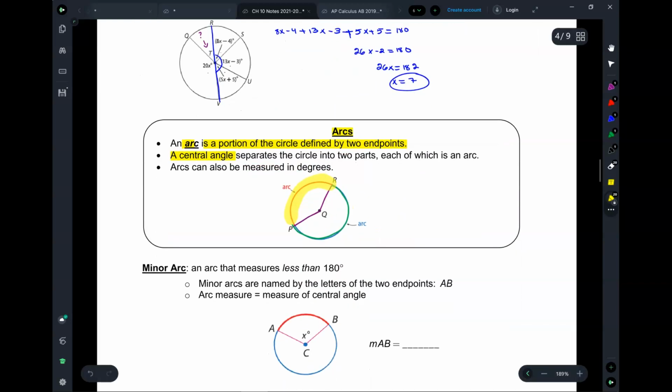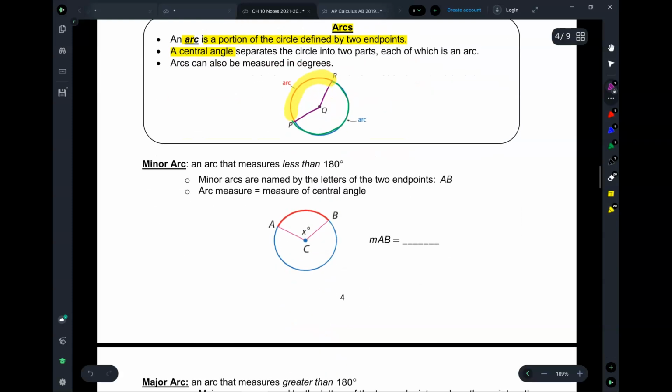The way in which we measure an arc is also by degrees. We can't measure it with a ruler because you can't bend a ruler like that, so it's also measured in degrees. When you have a central angle that looks like that, one arc is going to be bigger than the other.